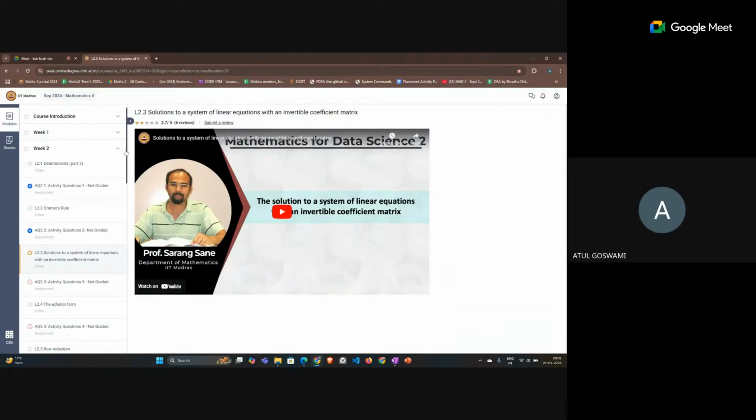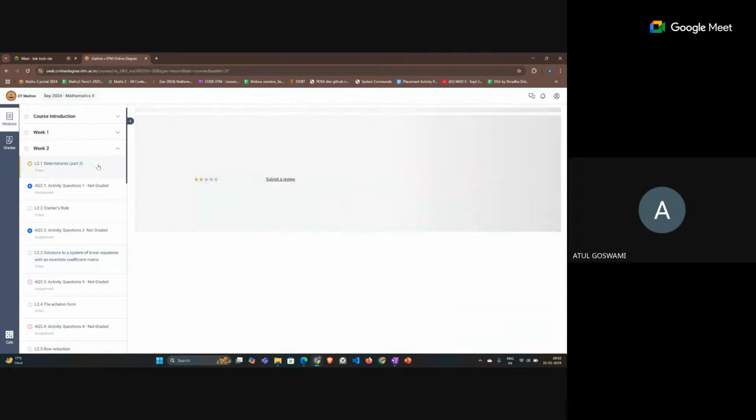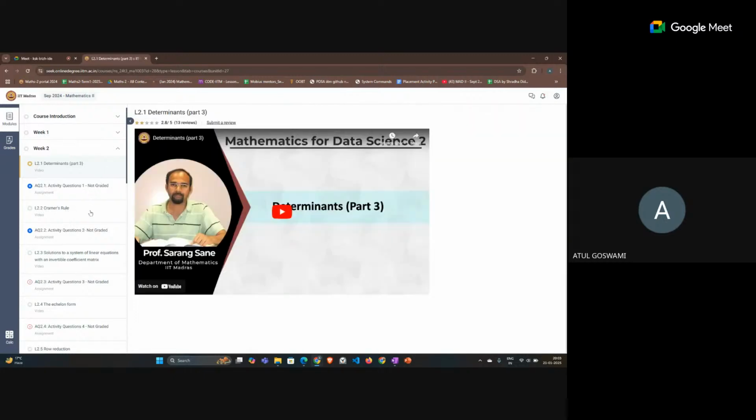so in week two, we have determinants. Determinant part three. There are some properties of determinant. I think most of the properties are already covered. Okay, and after that we have Cramer's rule, and then we have the solution to the system of linear equations with the invertible coefficient matrix.